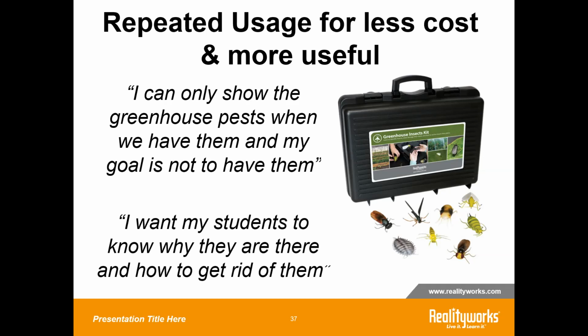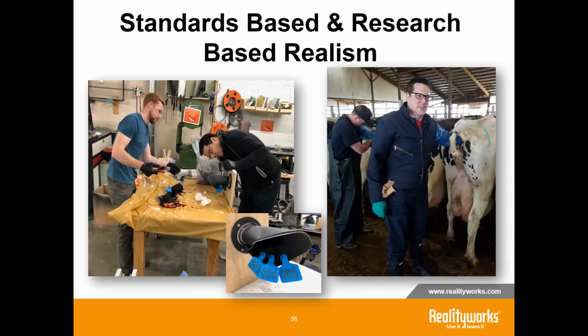So repeatedly using these models allows for you to use them year after year, less cost and more useful to your students. Now, everything we do, we focus on standard-based and research-based realism. So we go out and do the real thing. We then come back into our shop and our engineers work on creating as close to the real thing as possible.